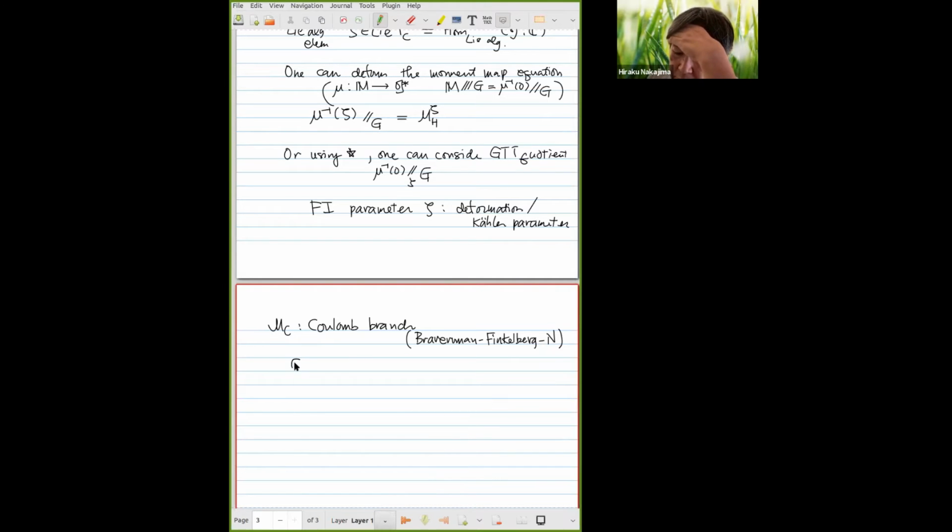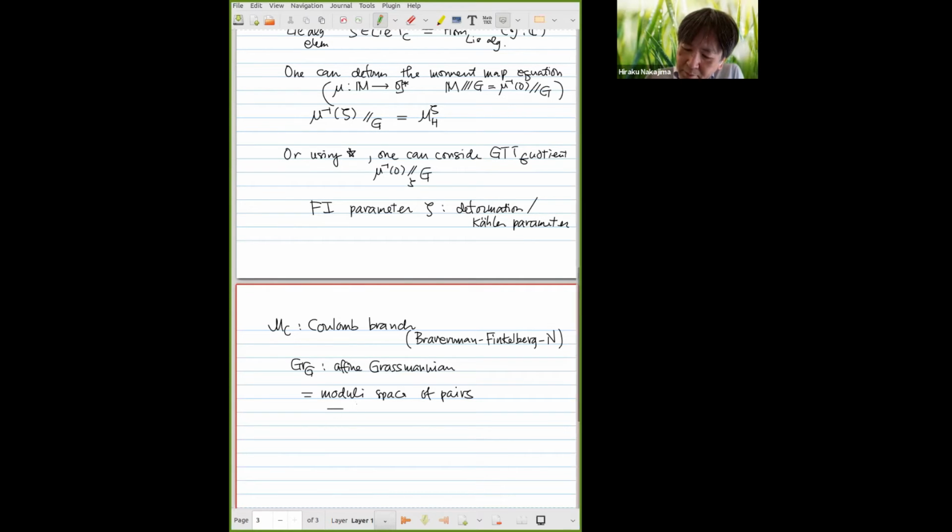I first consider the affine Grassmannian associated with G. This is the moduli space of pairs.